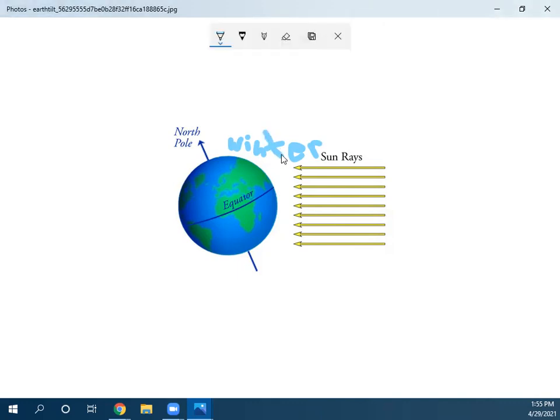Why? Because it's tilting away from the sun. Don't forget Florida is in the north. In another case, if it's tilting towards the sun in the north, what season is Florida going to be in instead? Summer. I'll write summer down here.